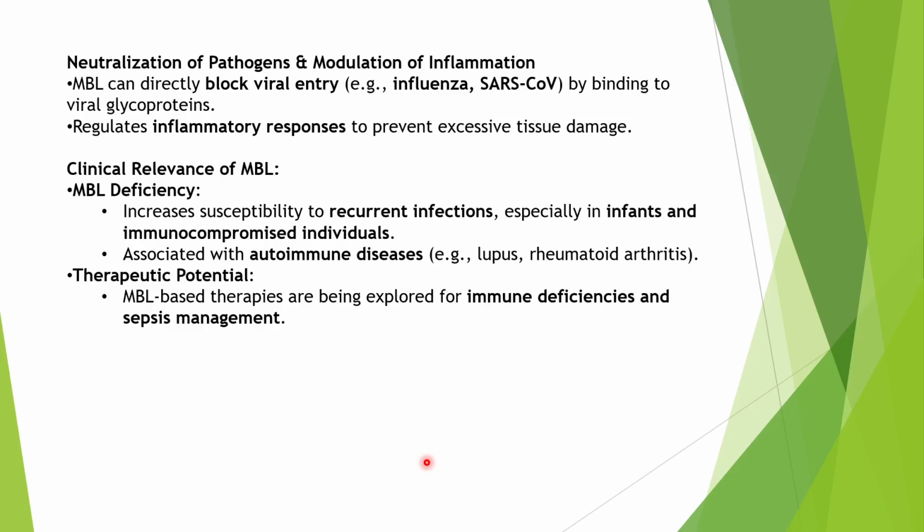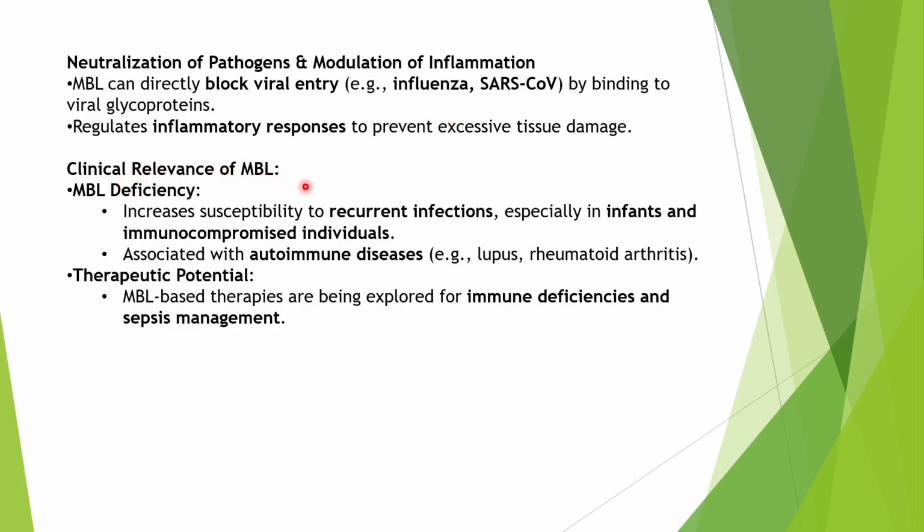Then neutralization of pathogens and modulation of inflammation. MBL can directly block viral entry, like influenza, SARS-CoV, etc., by binding to the viral glycoproteins directly. Then it also regulates the inflammatory responses to prevent excessive tissue damage.